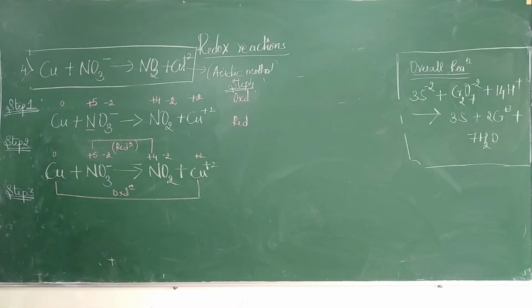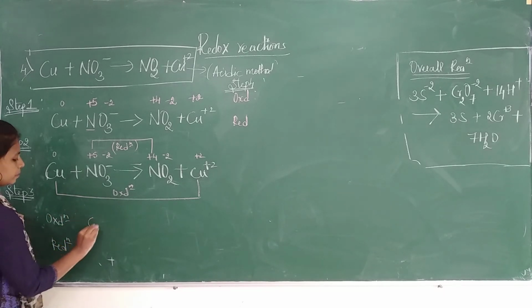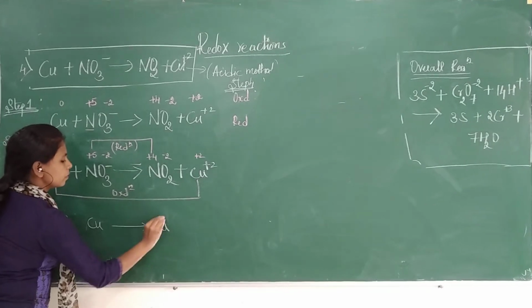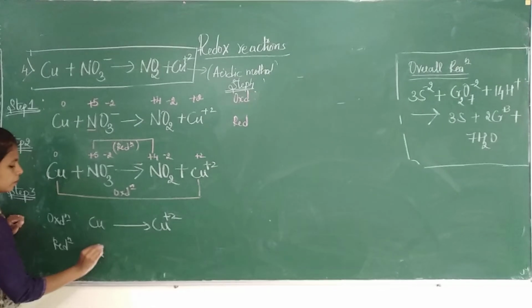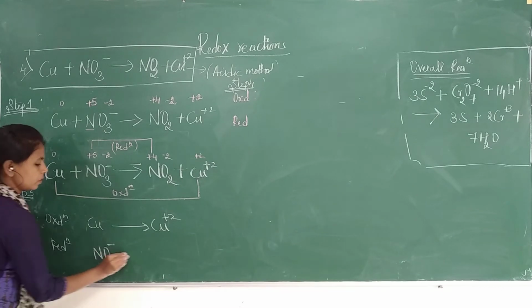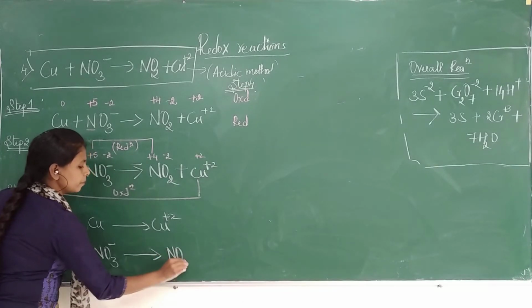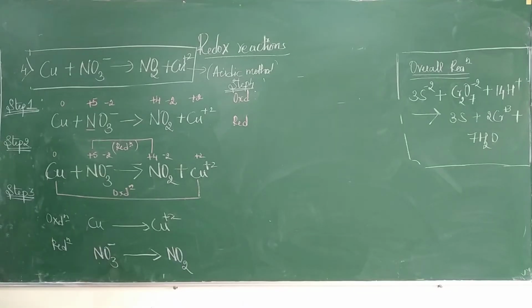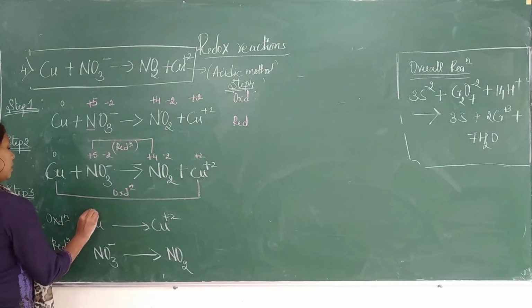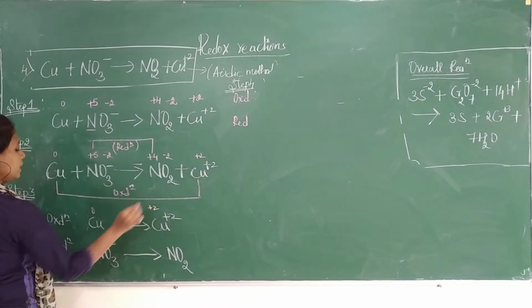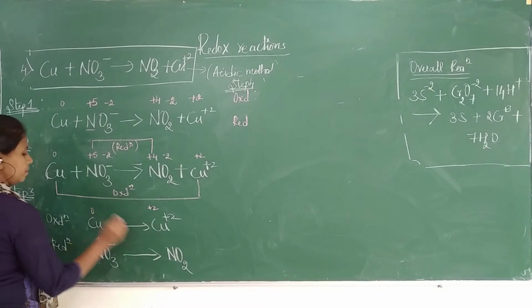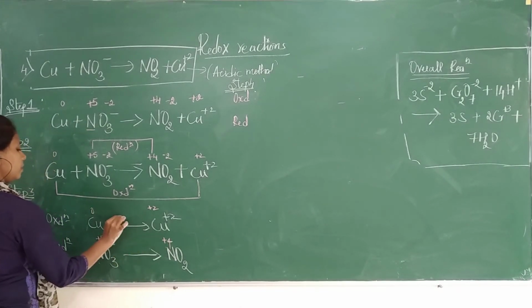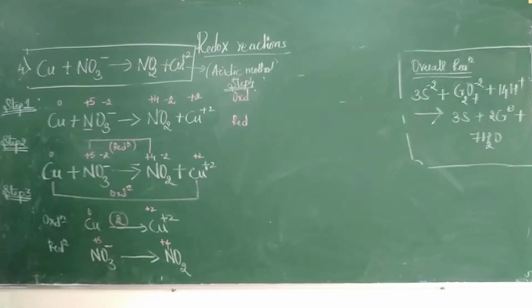Okay. You split the equation into oxidation half reaction and reduction half reaction. By how many numbers has it increased? 2.